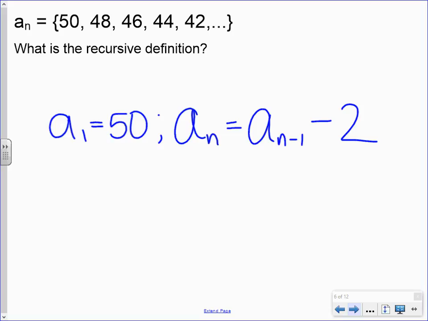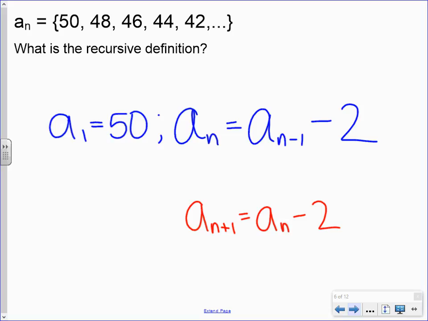To get the second term, we take the first term minus 2. To get the third term, we need the second term minus 2. It is also acceptable to write a sub n plus 1 equals a sub n minus 2. That means the same thing. If this is the second term, this is still the first term minus 2. I don't care how you write it.